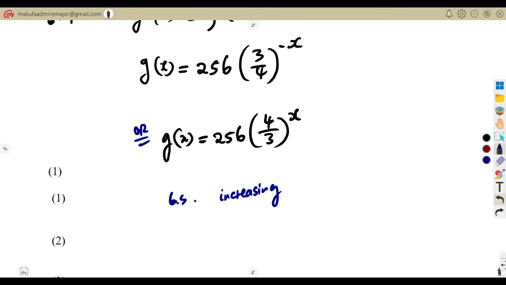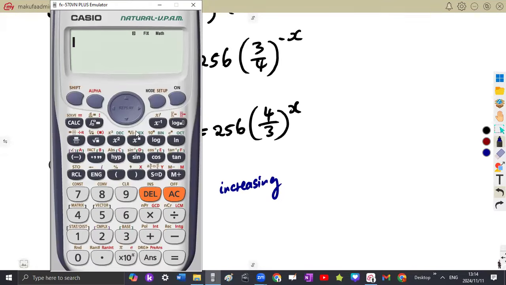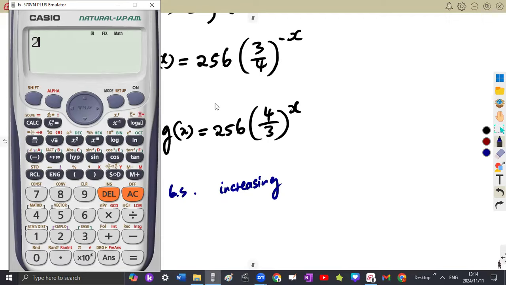Let's have our calculator, because some of us might be wondering, where is this one coming from? We can input with the negative. We can also input the one that is a positive. That one, guys, is up to you. So 256 times 3 over 4, like this.